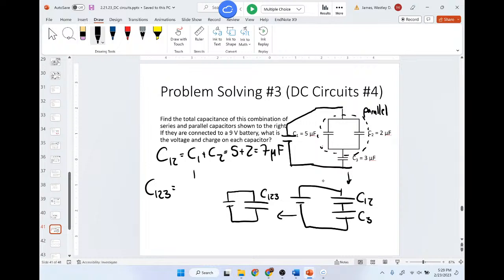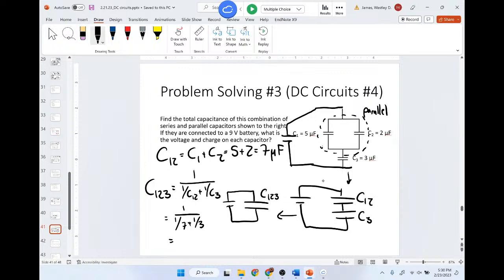So C123 will be 1 over C12 plus 1 over C3. Capacitors in series add grossly. And that's going to equal 1 over 7 plus 1 over 3, which comes out to a number. Probably not a nice one at that.